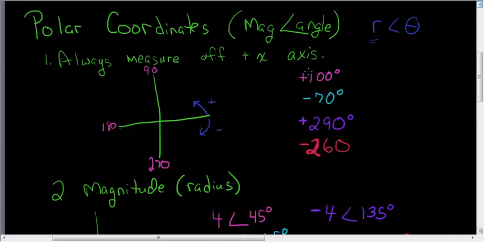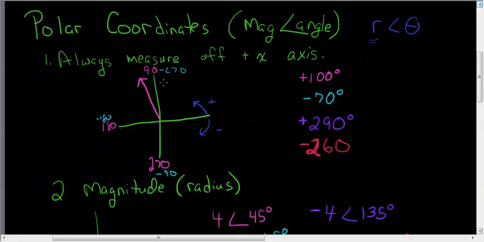This says positive 100, so we go to 90 and we go 10 degrees off the 90. So this is the angle positive 100 degrees. The angle negative 70 degrees, come down here, we're going in the negative direction, so this would be negative 90, negative 180, and negative 270.